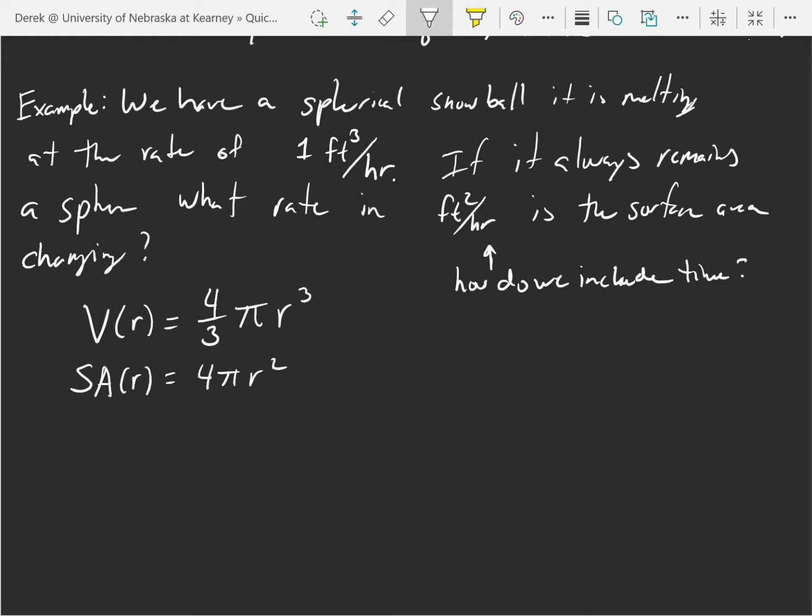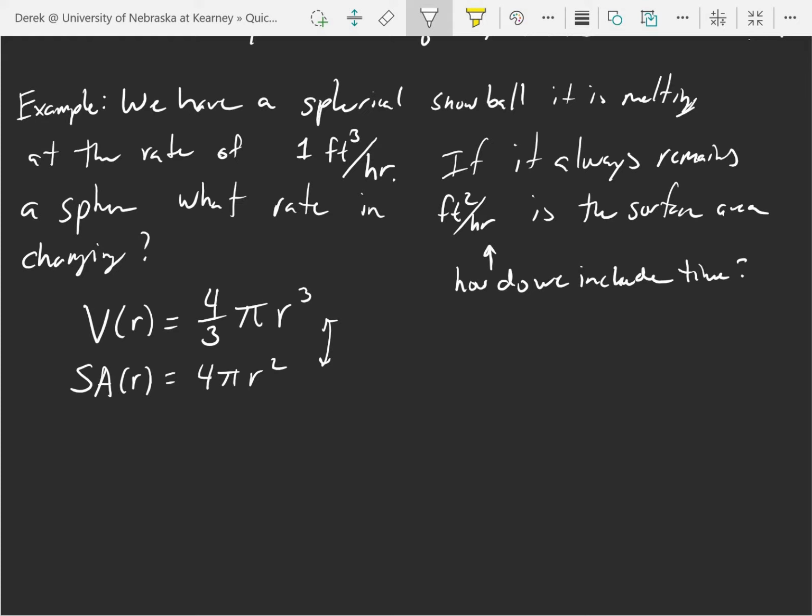Okay, so I need this relationship between volume and surface area, and right now it's not a very good relationship because I've got two different equations here. But that's okay, we can work with that. I could solve one equation for r in terms of the surface area, and then plug that into the volume equation, giving an equation that relates volume to surface area directly.